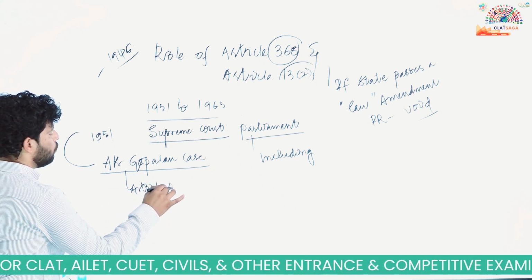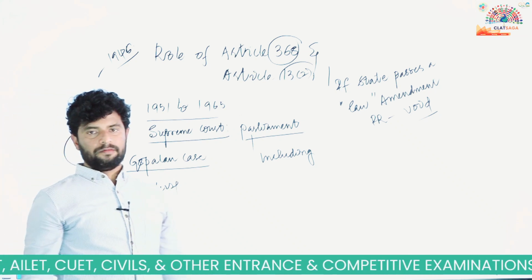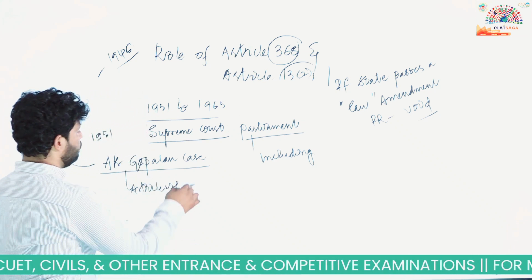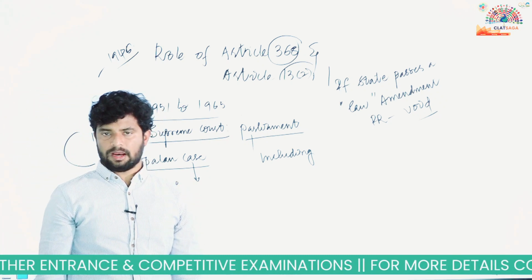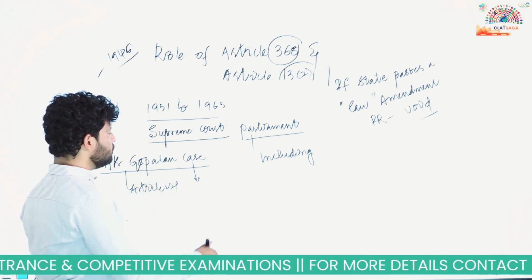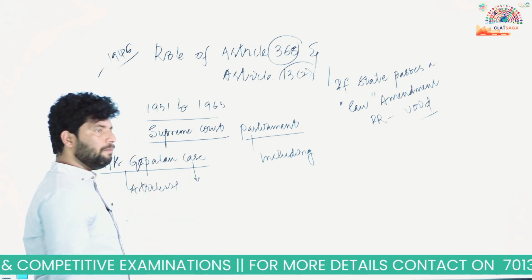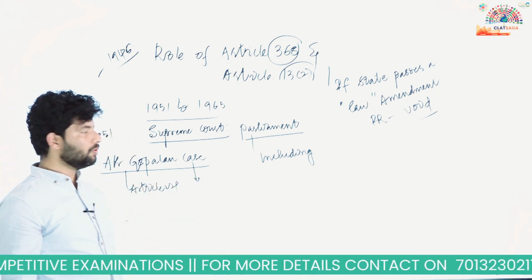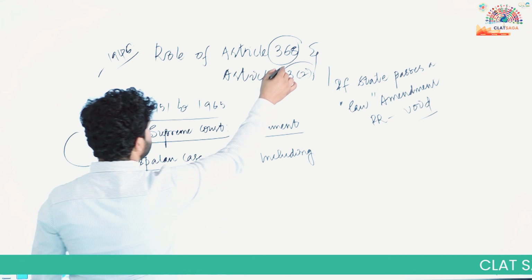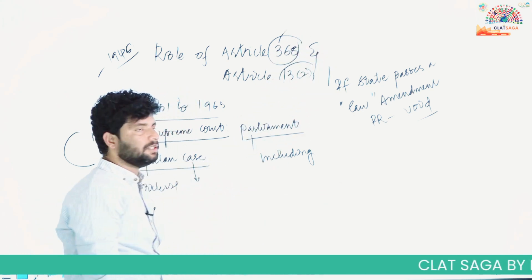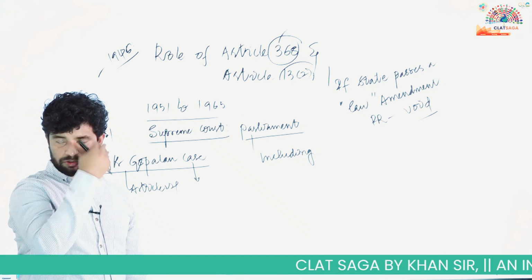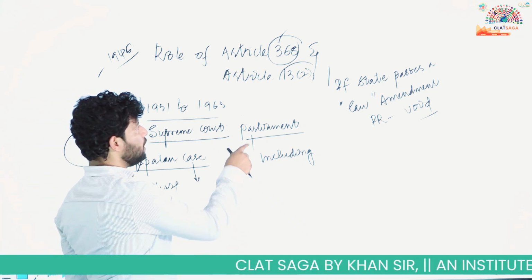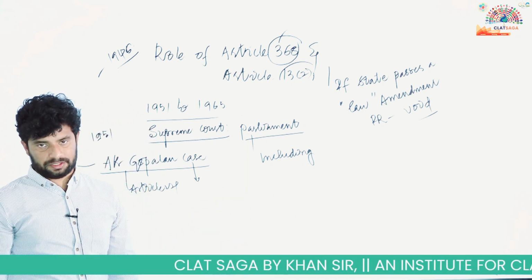When he approached the Supreme Court of India, it held that his arrest was constitutional. It was not unconstitutional. Which means that any law prepared by the Parliament of India was supported, because Article 368 is an amendability provision in the Constitution of India, whereby the Parliament has every right to amend it.